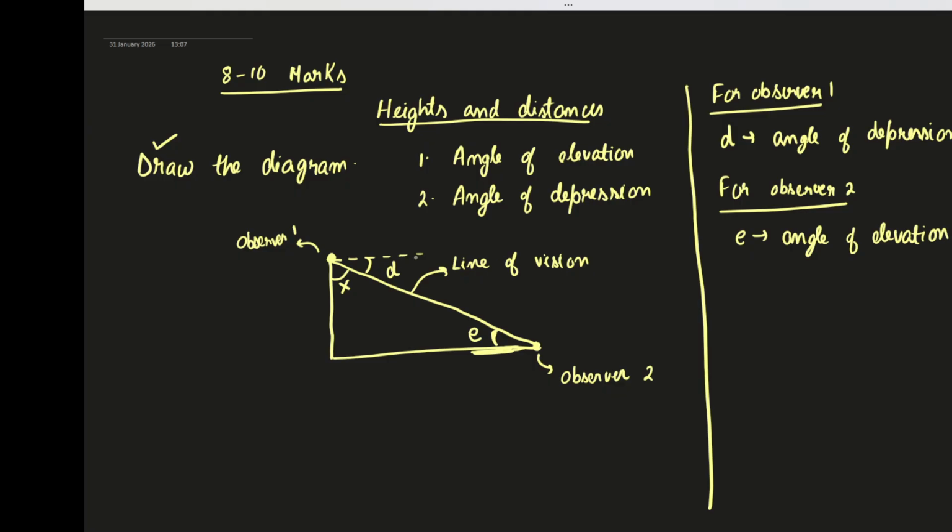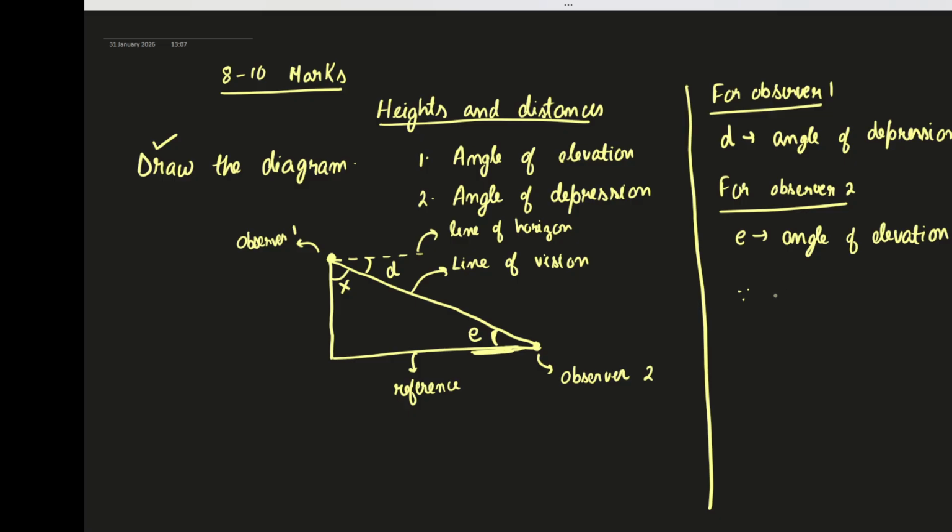Naturally, the line of horizon and this reference line are parallel, and that makes the angle of depression and angle of elevation equal, because by geometry they are alternate angles, right?